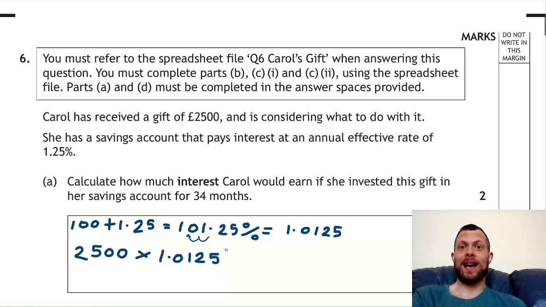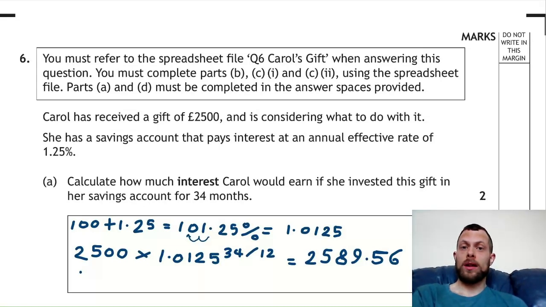Now this is an annual multiplier, so the exponent has to be number of years. So it's not to the power 34, that would be 34 years. It's 34 twelfths of a year for 34 months. And we get £2,589.56.